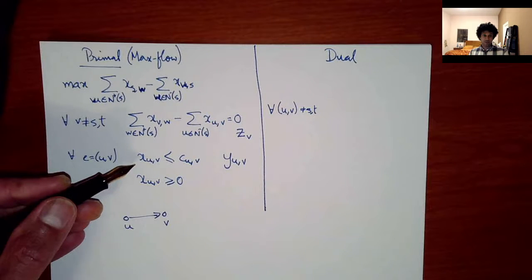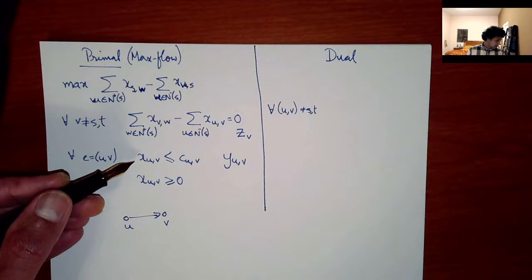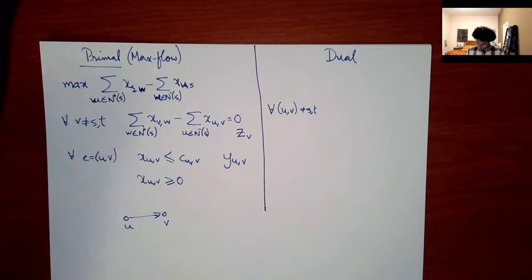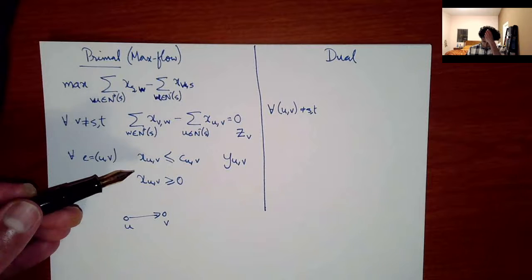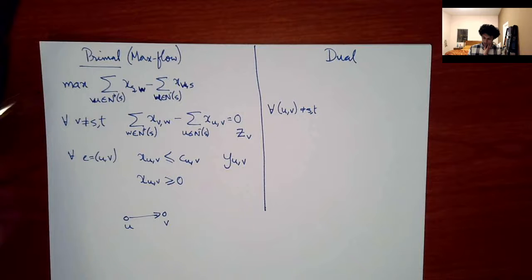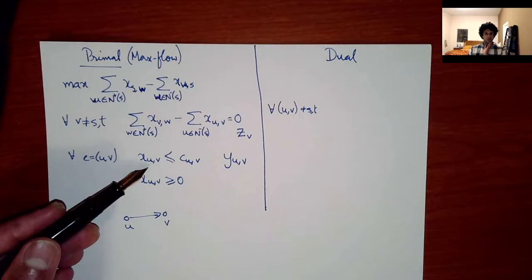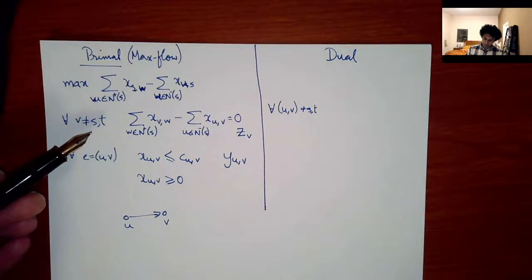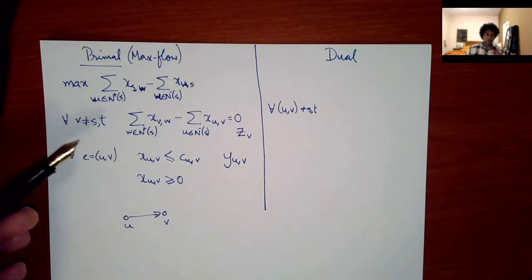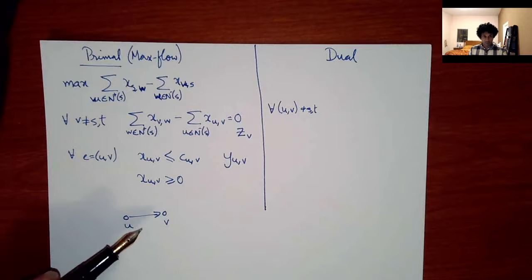Well, it definitely appears over here, and it has no coefficient up here. So it appears in this constraint with a coefficient of 1, and then it appears in two constraints, the constraint for u and the constraint for v.